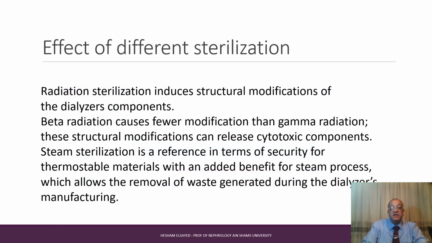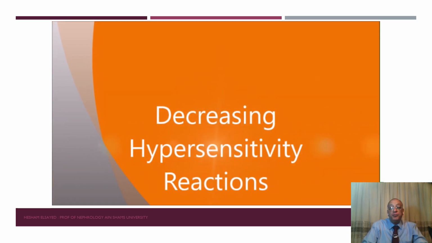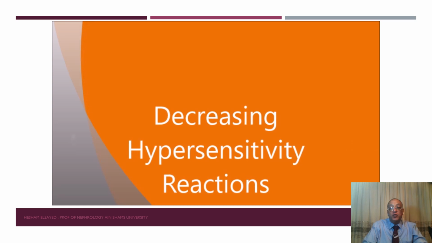So the effect of sterilization is different. As we mentioned, we have to try avoiding ethylene oxide, as in particular the dialyzer components will be more toxic. And if you are going to use the dialyzer in the right way, we have to decrease the hypersensitivity reactions.